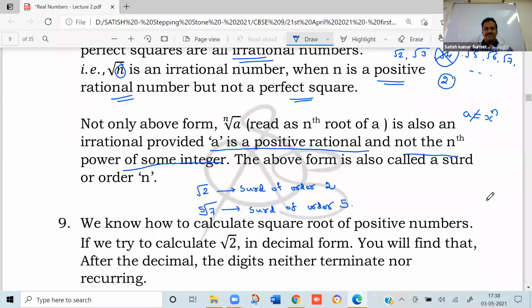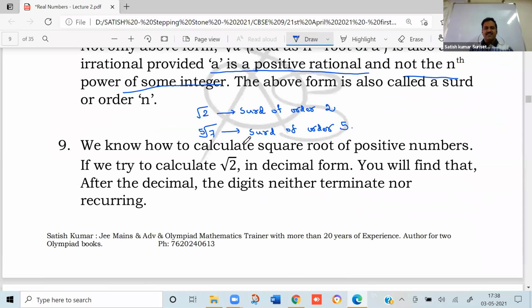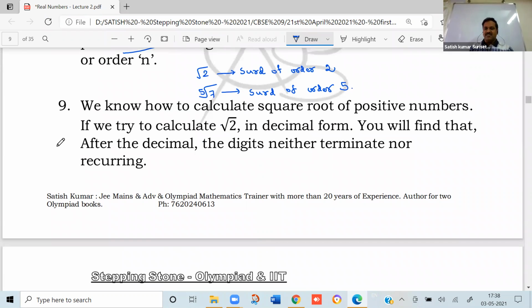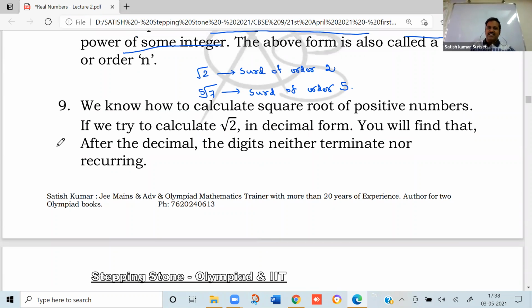You write later. Thanks. So we know how to calculate square roots of positive numbers. Have you remembered how to calculate square roots? Last year you learned how to calculate square roots of numbers, the long division method.